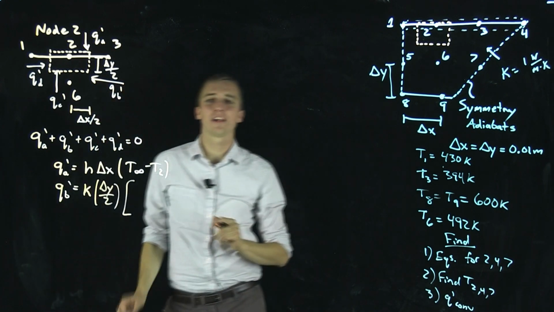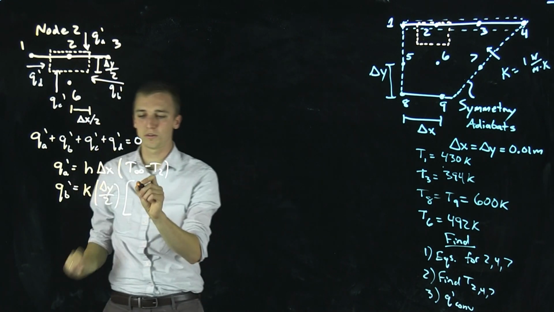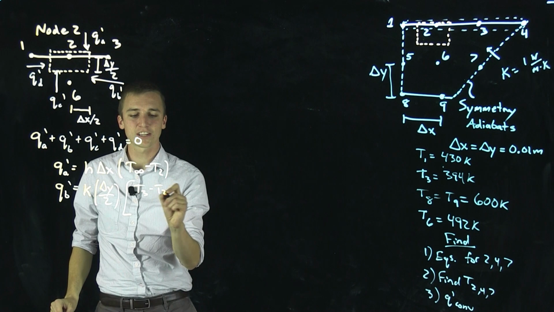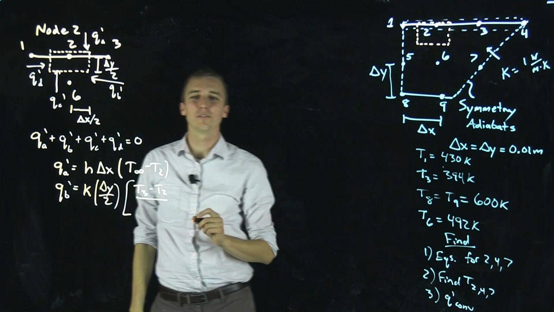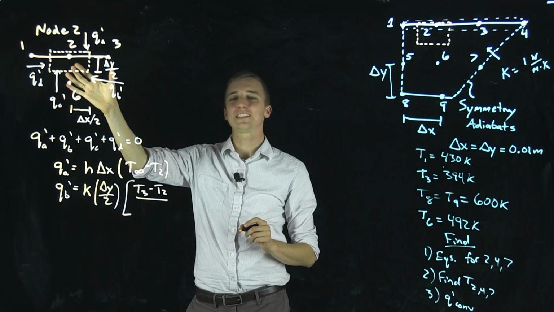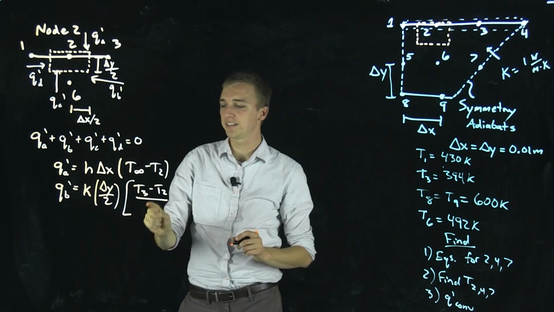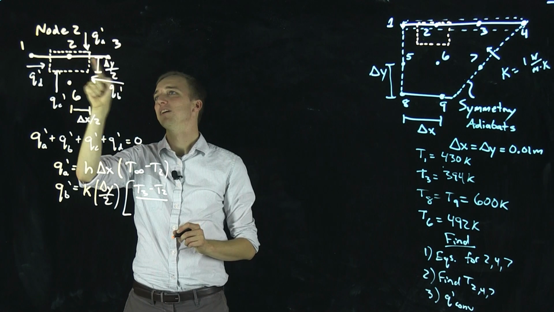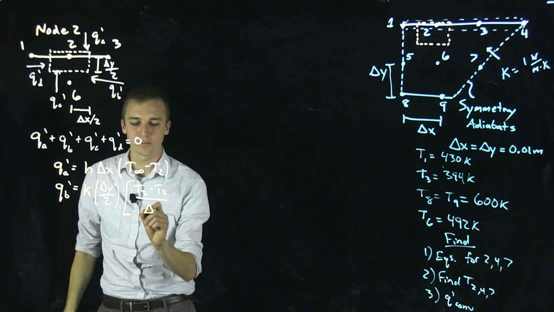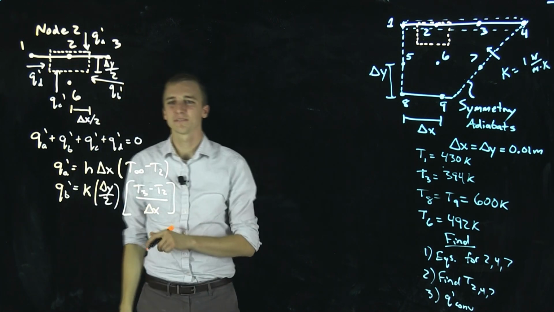Then we multiply by the difference in temperature, again, hot to cold, or in the direction of heat transfer, T3 to T2. And we need to divide by the distance. Remember, Fourier's law has a dT, dx. So this is our dT. Now we need a dx, which would be the distance between 3 and 2, or delta x.